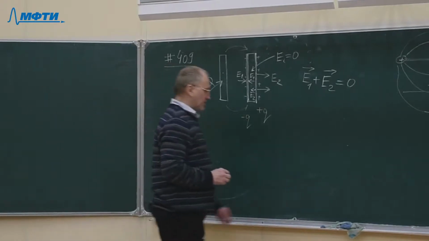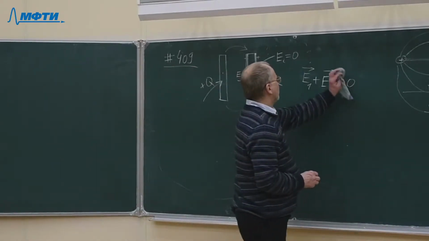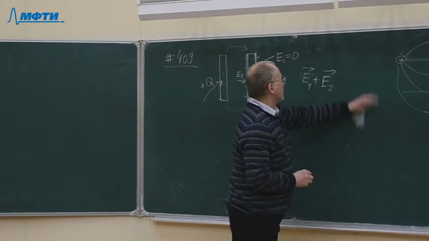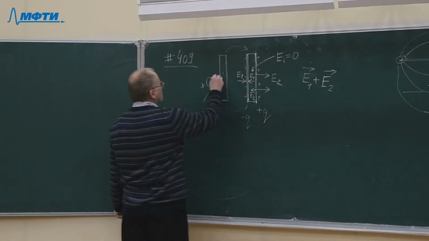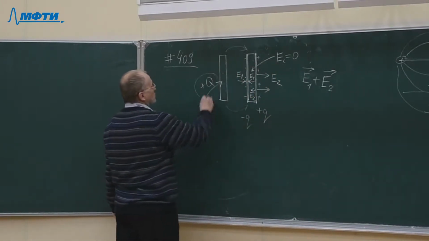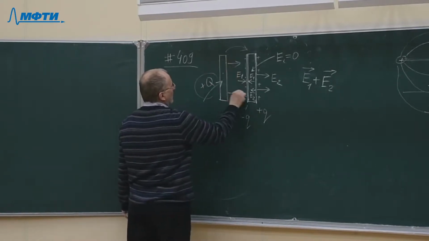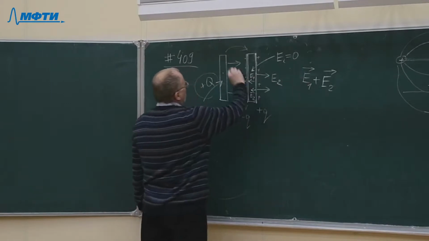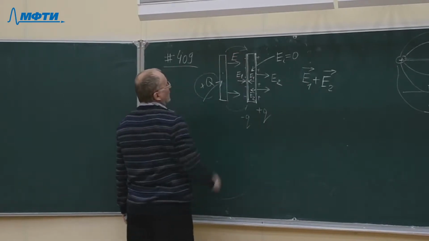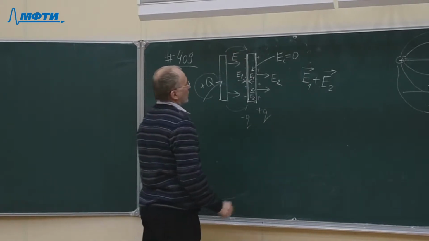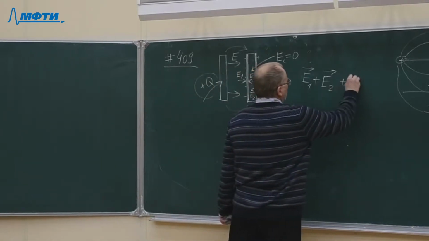I'm not quite right here. I made a mistake because I did not take into account another field generated by this charge. This charge is here on this plate, and it will also generate its own field, which will go to infinity, which is the field E, and we must take it into account.